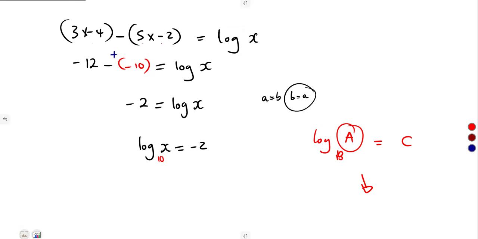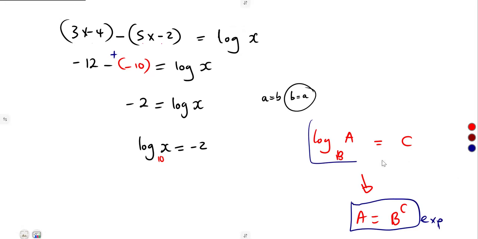In exponential form, A is equal to B to the exponent of C. So these are two different formats, exponential and logarithmic, and one can be converted to the other. We can even convert from exponential back to logarithmic. We simply write it this way: A is equal to B, the base, to the exponent of the answer.